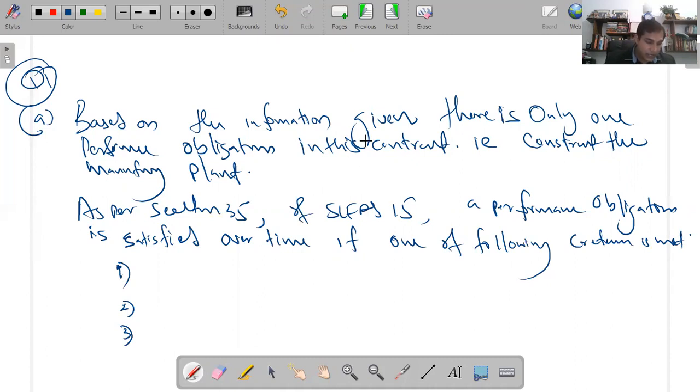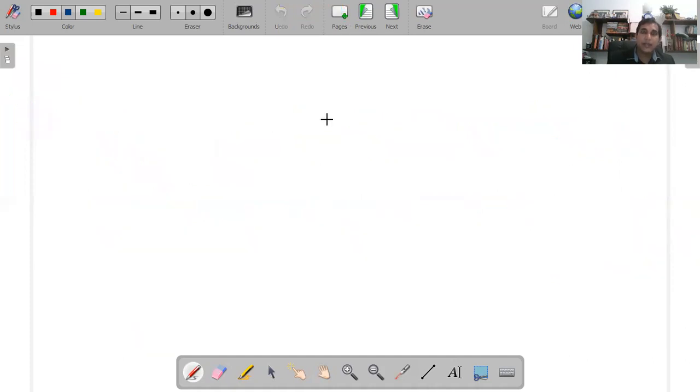Third one: the entity's performance does not create an asset with an alternative use to the entity, and the entity has an enforceable right to payment for performance completed to date. So by looking at these three, you can identify this performance obligation is satisfied over a period of time, not at a point of time. That is very clear, right? Please write down these three, then I would be explaining one by one.